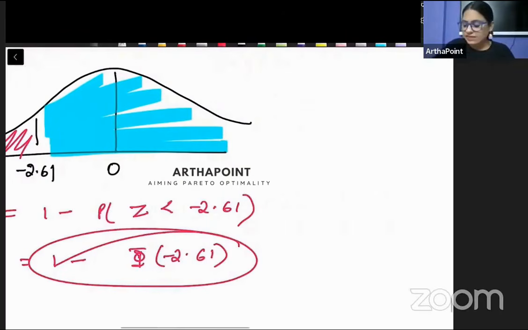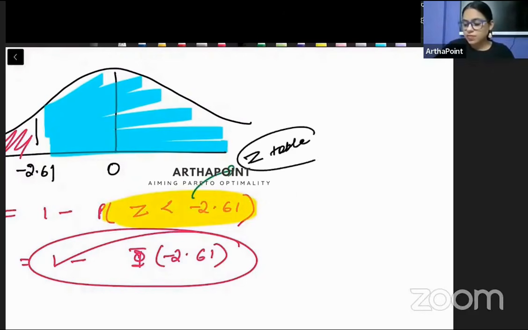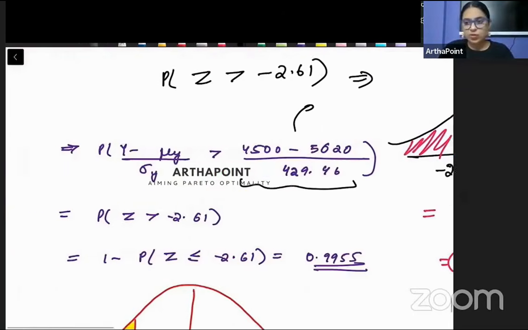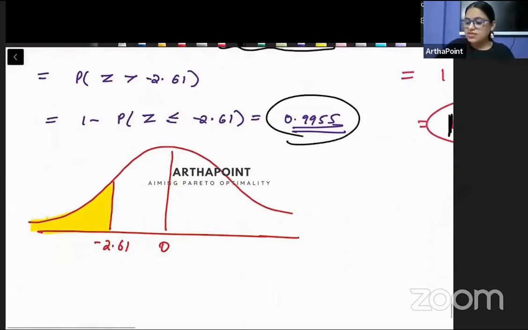You will get this value from the z table. So you find this from the z table, put it here and you will get the answer. When you do that, beta, you will get 0.9955.